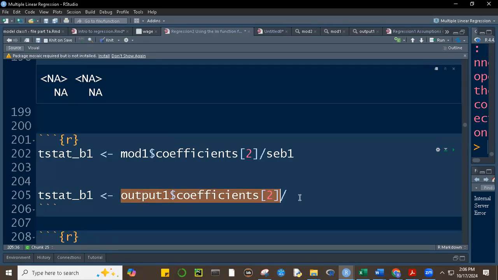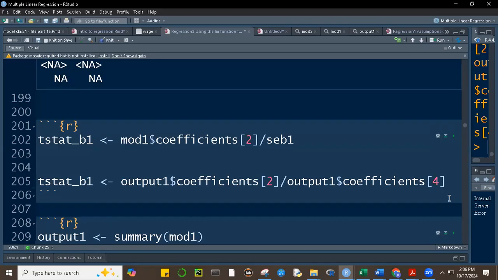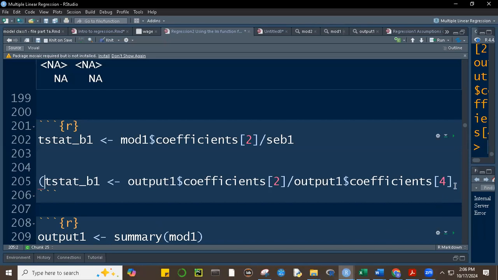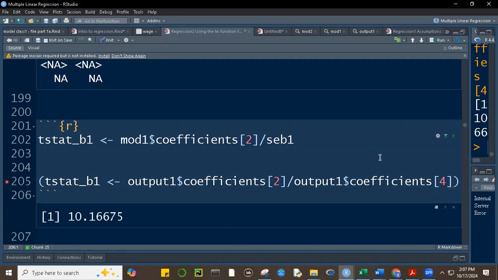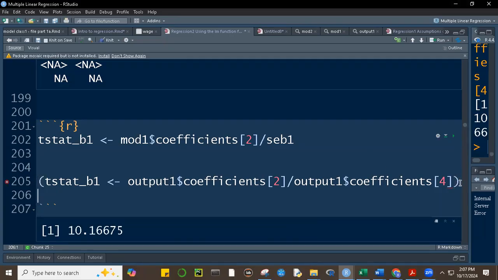Control C, Control V. The standard error is in number 4. Okay. And I can have this printed by putting parentheses here for printing, comma, control enter. There, 10.1 class.